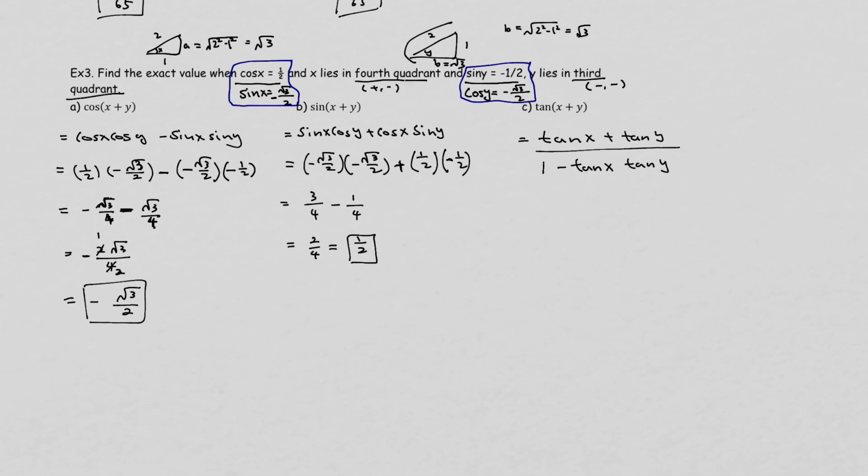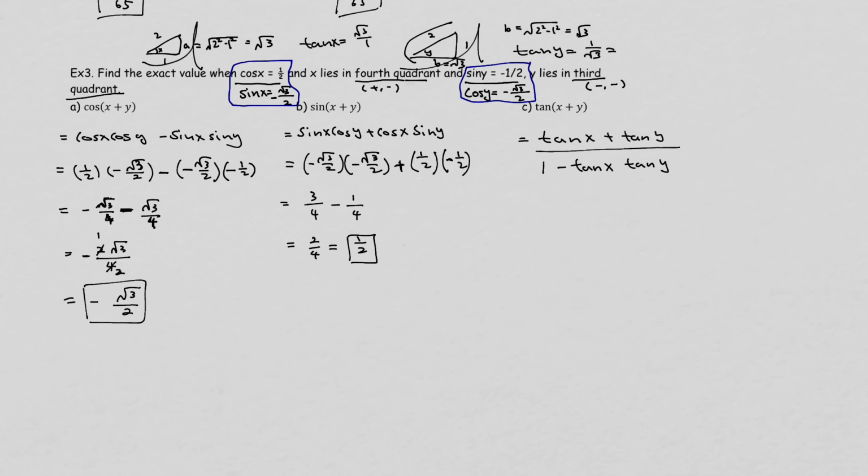Your tangent for x is square root of 3 over 1. Your tangent value for y is 1 over square root of 3.